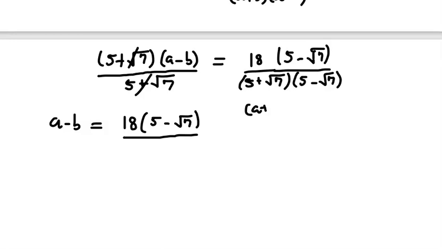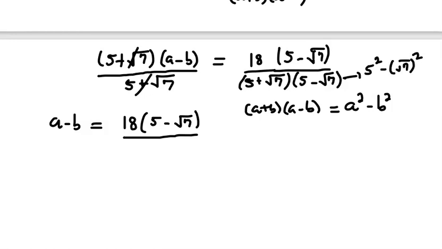Remember that A plus B multiplied by A minus B is equal to A squared minus B squared. So using that, the denominator here will become 5 squared minus root 7 squared. Square cancels square root here. We now get 5 squared is 25 minus 7, which is equal to 18. So down below here we have 18. So 18 cancels 18 here.